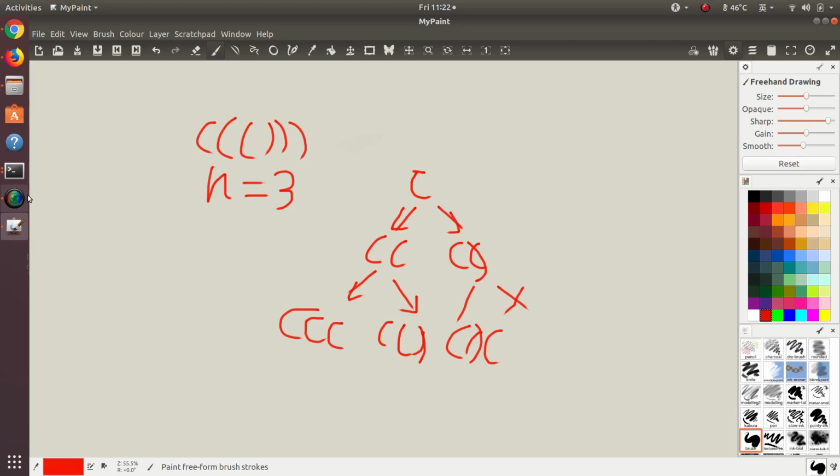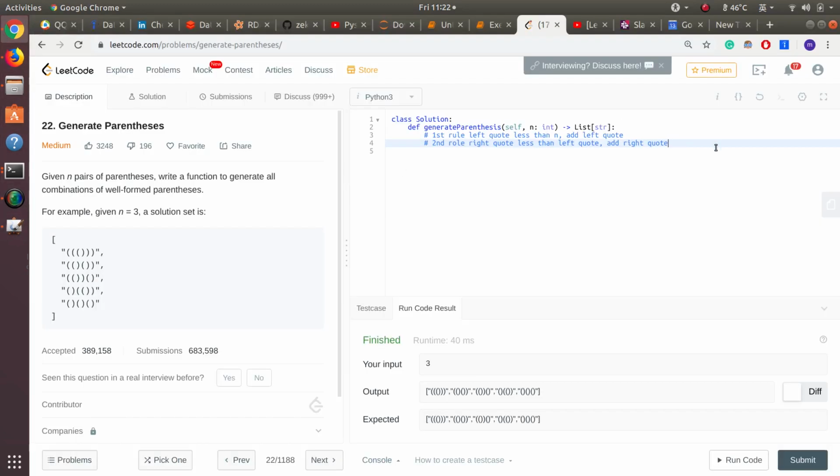Okay, let's see how we can implement this. For this, we write a backtracking. If the length of the list equals n times 2, which means we generated a list that sums up to the maximum length we need, then we add it to our answer.